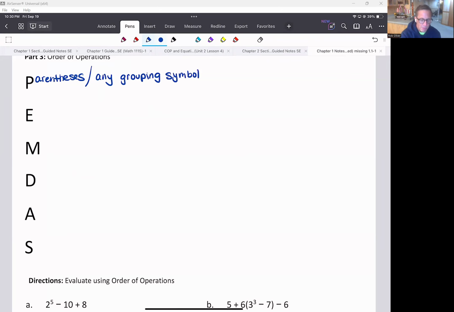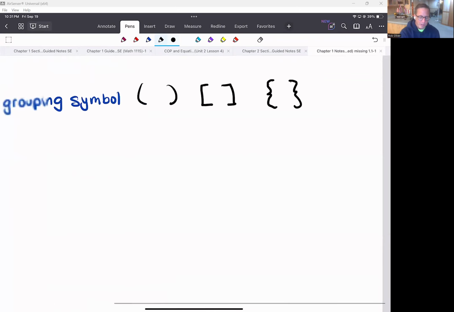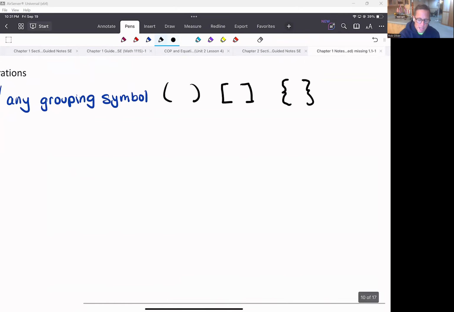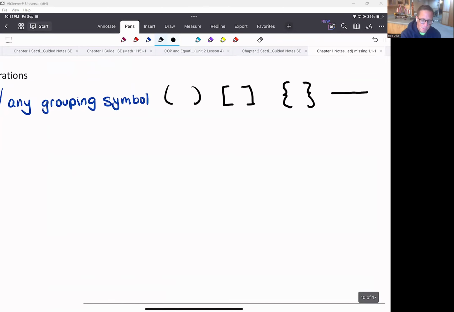Parentheses, of course, are easy to spot, because we know what those look like, but there could be brackets. That's a type of grouping symbol. You could have these little squiggly things right here, those are called braces. You could have a fraction, where you have a numerator and denominator.